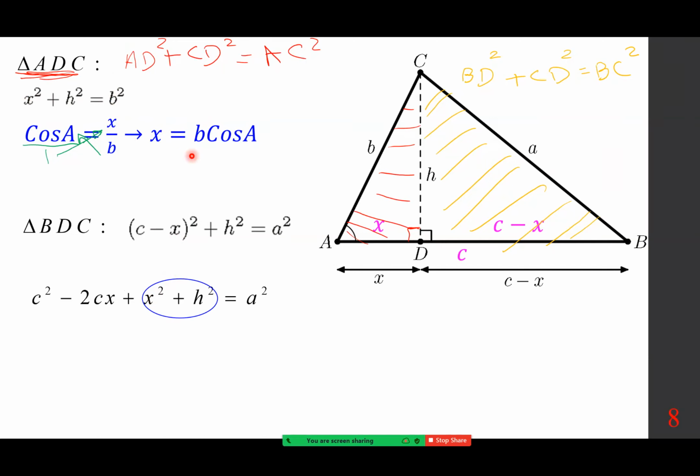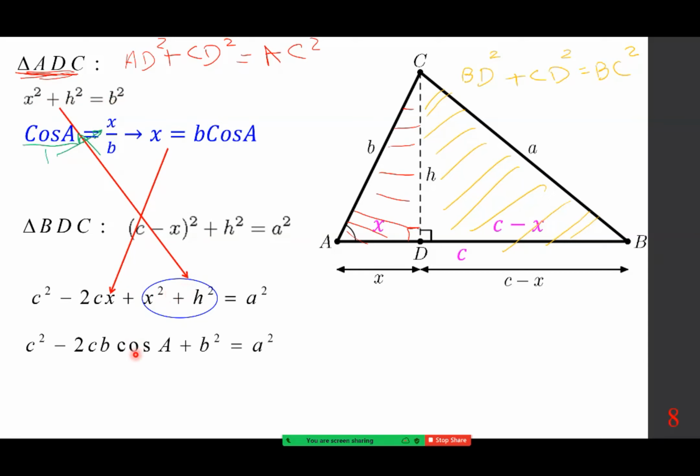The x, we can replace with b cosine A. That simply gives us the cosine law: a squared is b squared plus c squared minus 2bc cosine A. That's how we prove it.